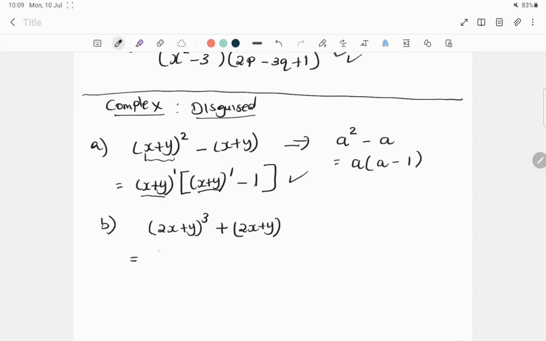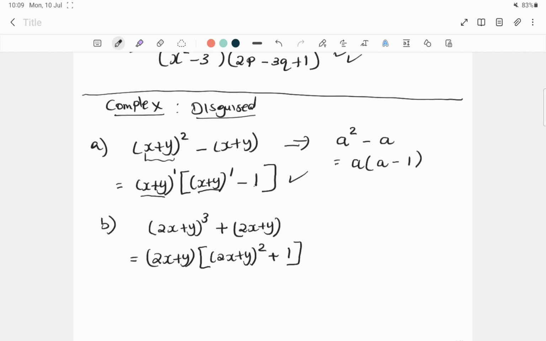Then what is common? 2x plus y is your common factor. What will come here? It will be 2x plus y squared, because 2x plus y times 2x plus y squared is 2x plus y cubed. Then plus 1. Then you factorized. I hope you are good.